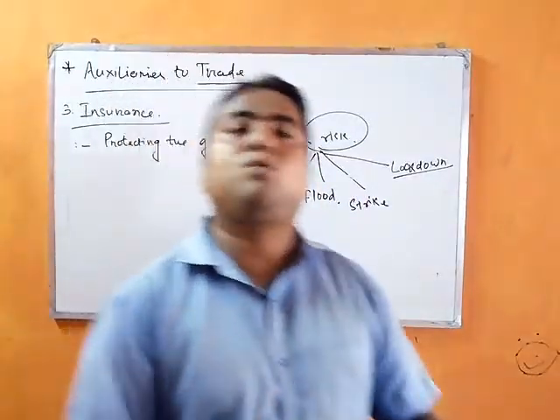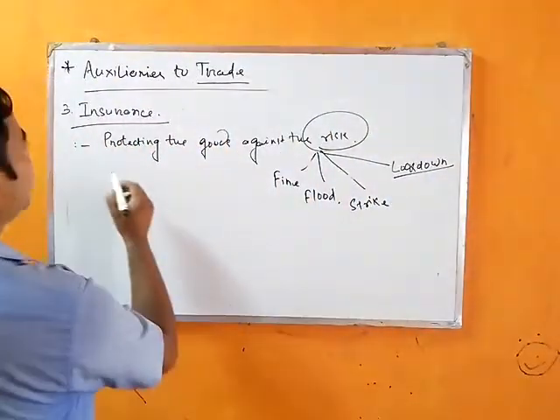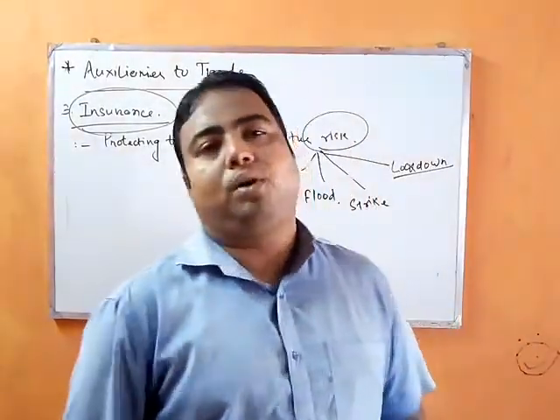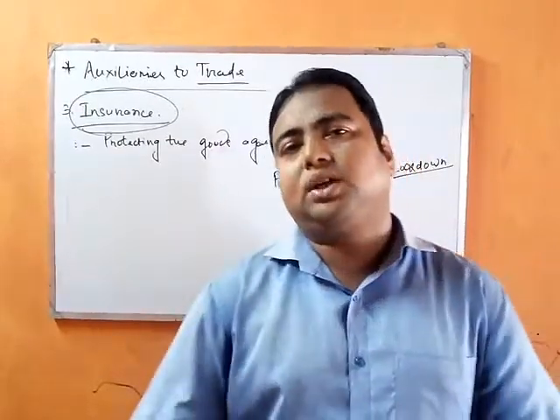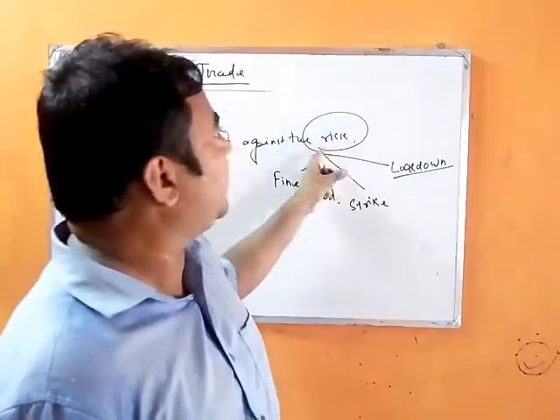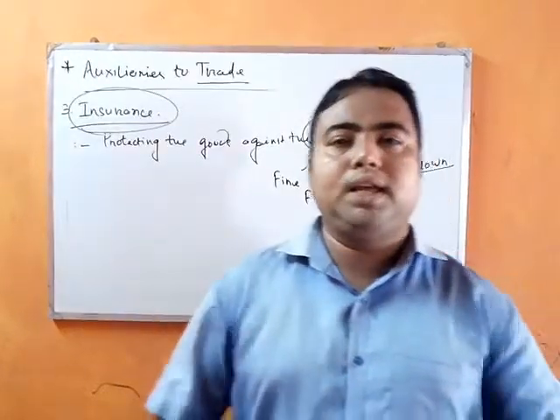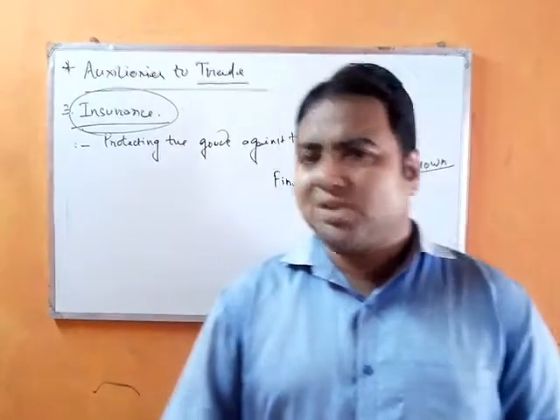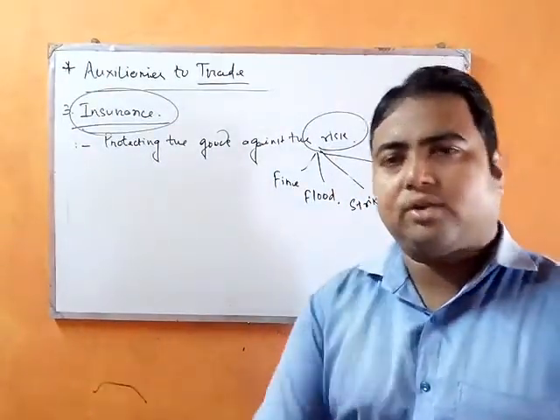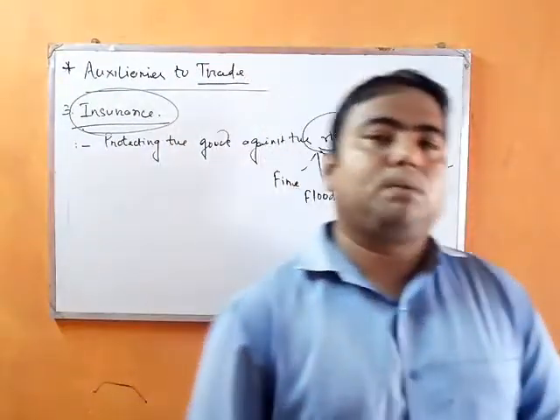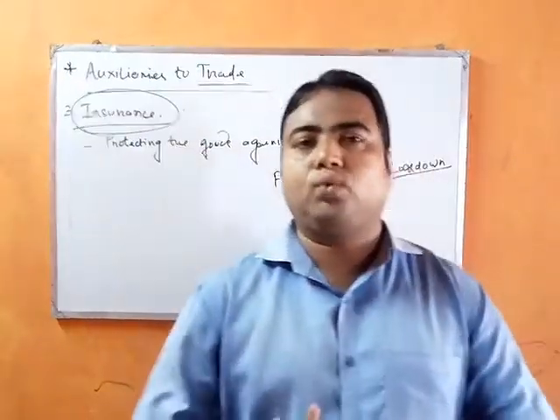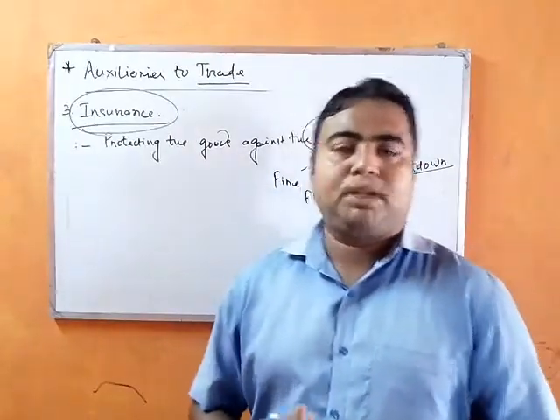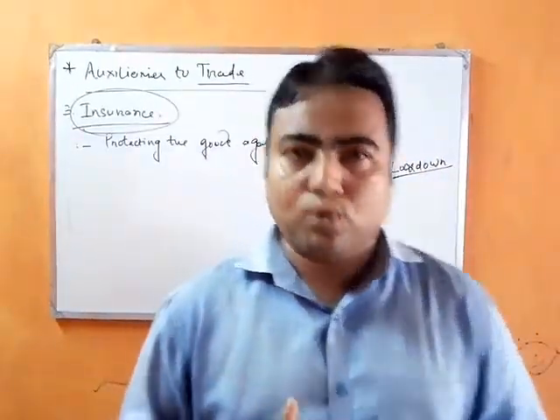How to overcome this? Insurance plays a very vital role in solving the concept of risk. If we properly insure our goods, then during the stage of crisis, maybe fire, flood, strike, riot and lockdown, the respective insurance company where we make our goods insured will pay the compensation amount to us.